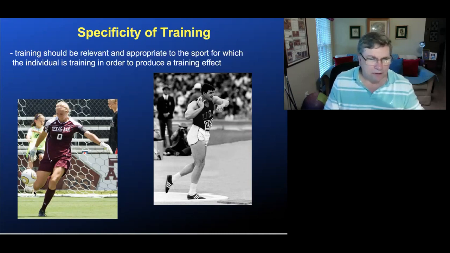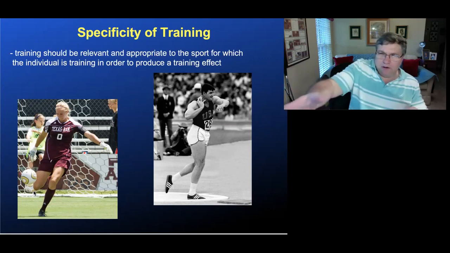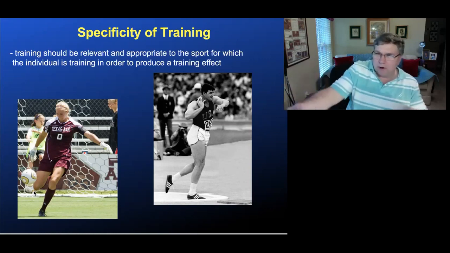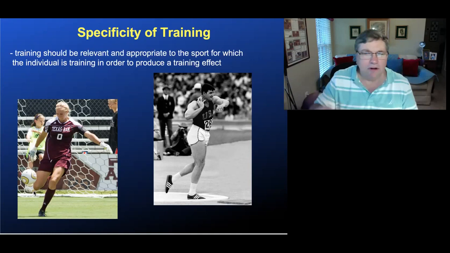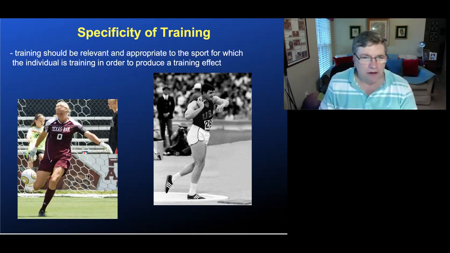At the foot, let's see, we probably have some pronation and supination. We're also going to use the hip joint not only in flexion, but also we're going to see some medial and lateral rotation. So obviously you don't want to train this soccer player and emphasize muscles and joint movements the same way that we would in a shot putter.